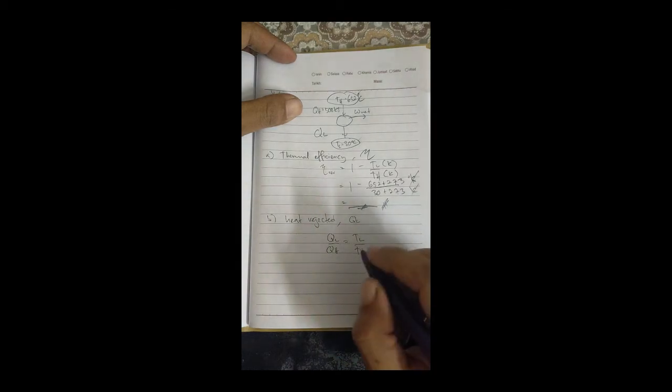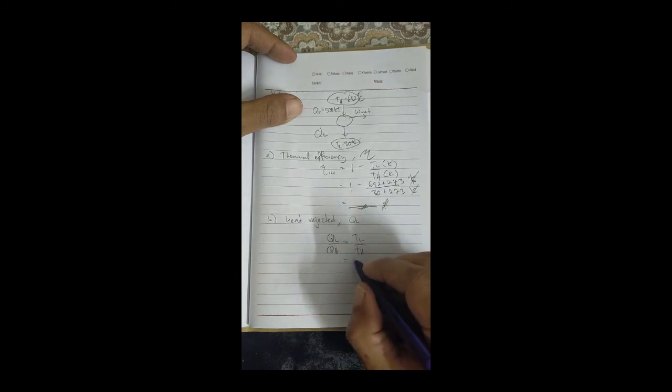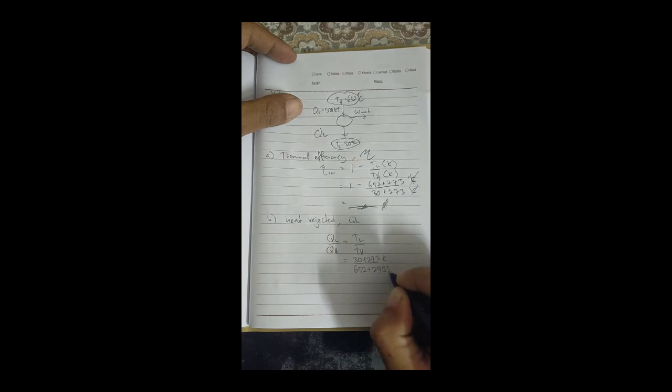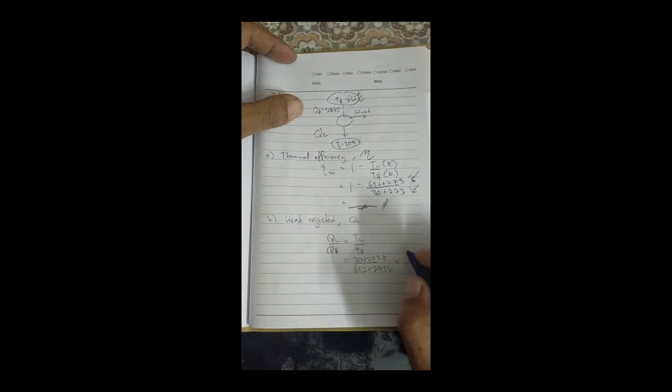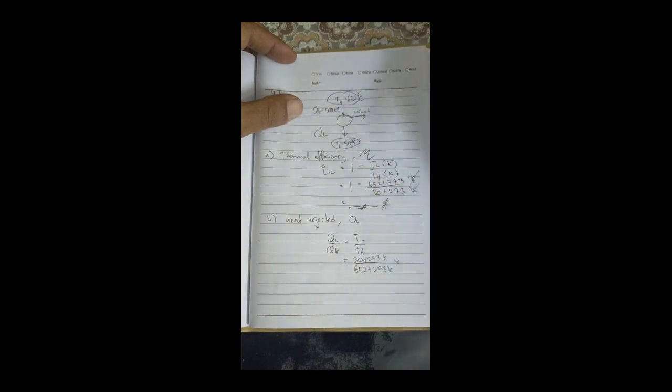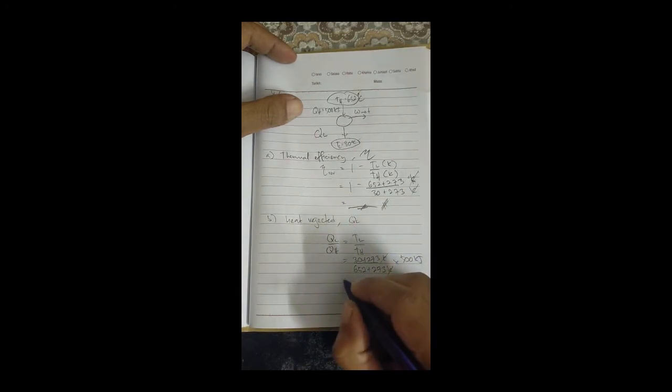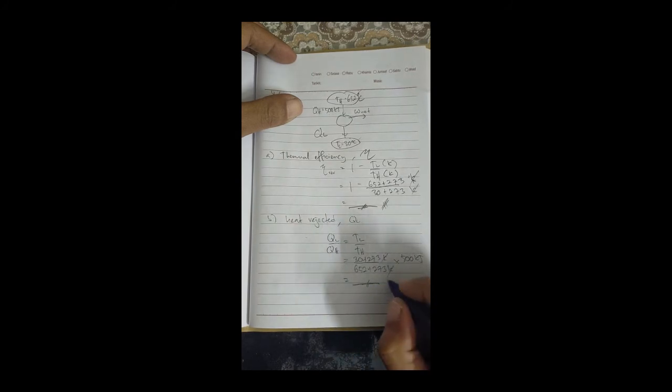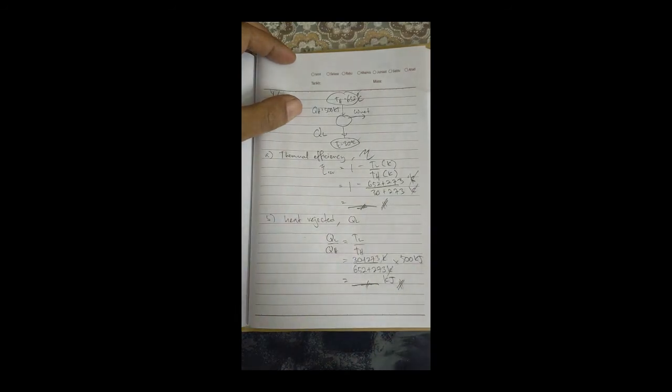So rearranging the equation, Q low equals T low, which is 30 plus 273 Kelvin, divided by T high, which is 652 plus 273 Kelvin, times Q hot, which is 500 kilojoules. So you get the answer in kilojoules. Okay, right, thank you.